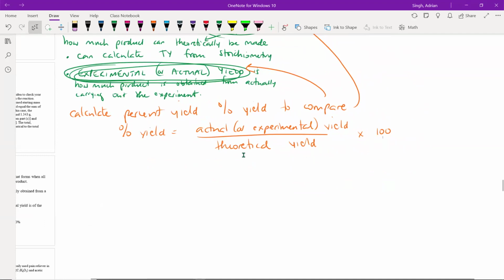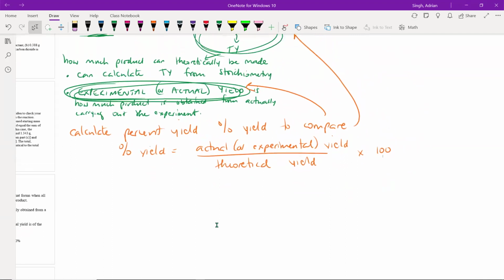The theoretical yield is if everything worked out perfectly, that's how much you should get. Well, when you actually do the experiment, you're going to get a certain amount, and you can compare them to gauge how good your technique was, how good you actually did the experiment. All right. So very simple relationship, but there's a lot of stoichiometry that goes on, for instance, to determine your theoretical yield from using the limiting reactant in a particular equation.